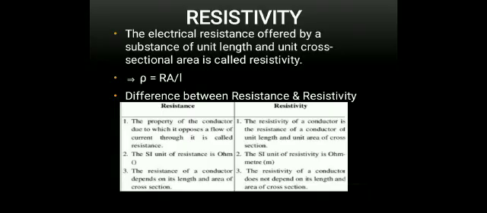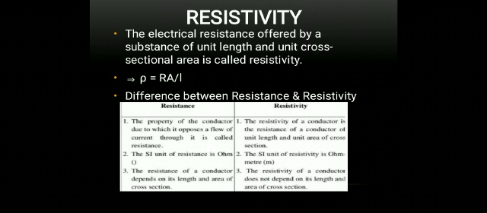So let's understand what is resistivity and what is the difference between resistance and resistivity. The electrical resistance offered by a substance of unit length and unit cross-sectional area is called resistivity. That is rho, which is equal to R into A by L, where R is the resistance, A is the area and L is the length of the conductor.